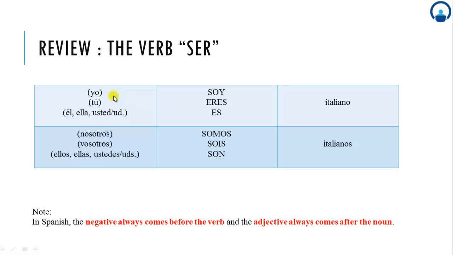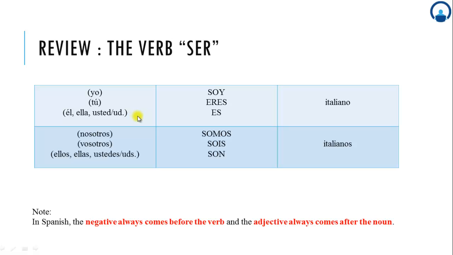That's because of the rule which we have learned, that soy always goes with yo, eres always goes with tú. So even if I write only soy or only eres or only es, it means that they correspond to their own subject pronoun.